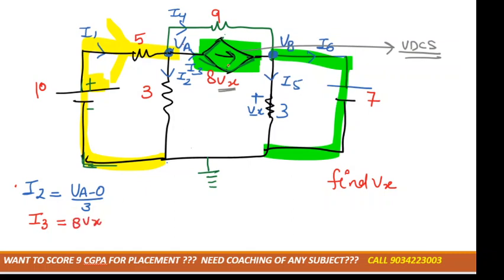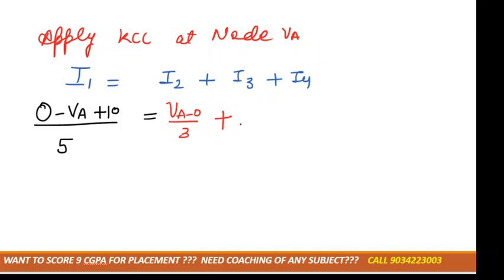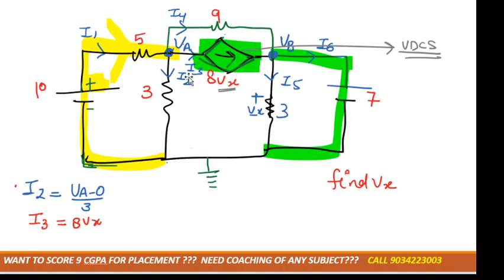This is also a current source and I3 is also the current, and both currents are moving in the same direction, so we can write I3 is equal to 8 Vx, correct? So I3 is equal to 8 Vx plus I4.